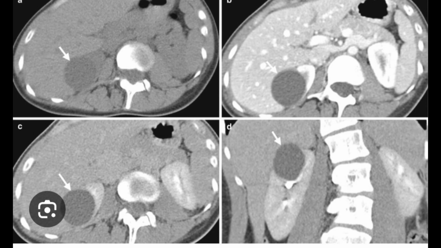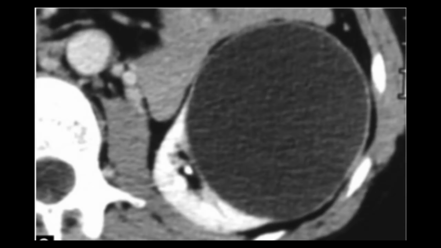It's quite easy to pick, you cannot miss it, but you have to pay attention to whether there are any contents within it, so that you can apply the Bosniak classification. So this is a simple serous renal cyst.